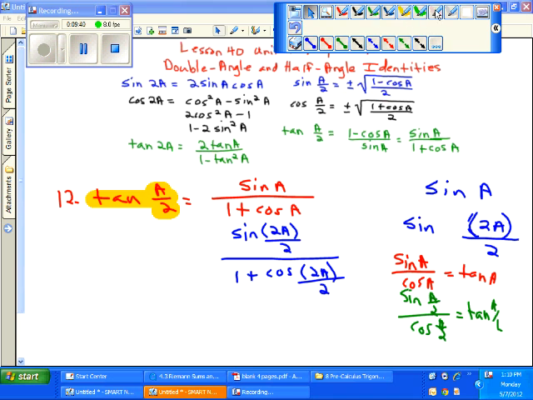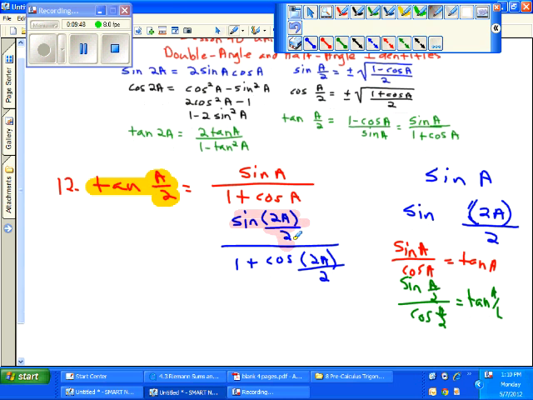And so we're going to take a peek at what we've got here. We've got a double angle identity for sine. What does it expand into? A half angle identity for sine, excuse me. Actually, let's not do that yet.